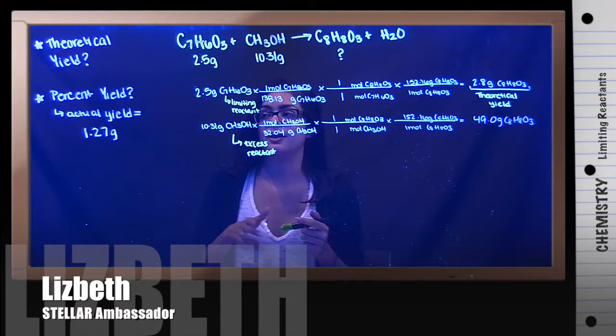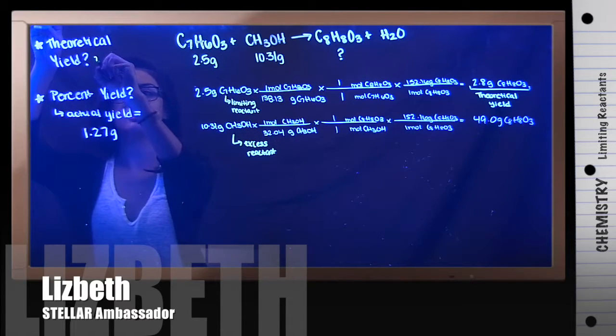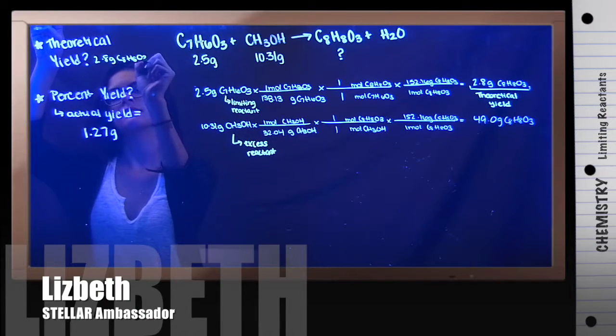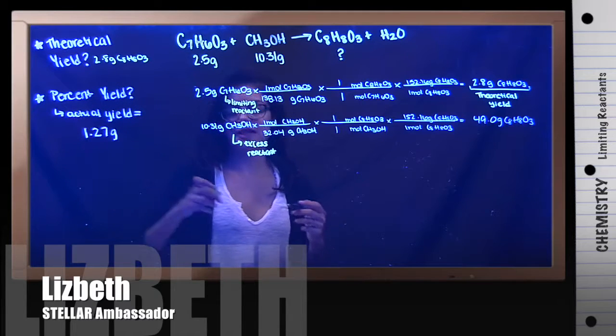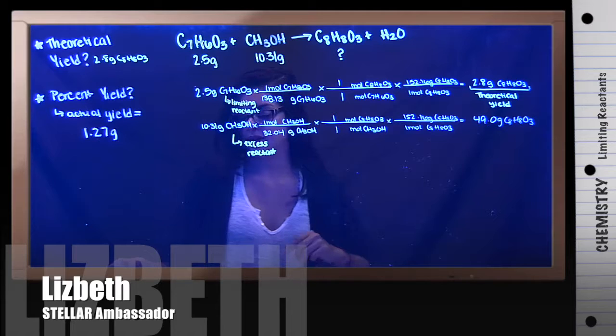All right, so now we found our theoretical yield. Our theoretical yield was found to be 2.8 grams. Now, the next question is to find our percent yield. Our percent yield is going to be found by using an equation.